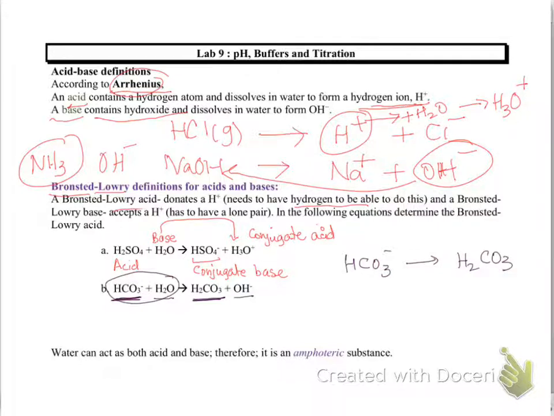From left to right, you can go by adding H plus, because look, one H plus H makes it 2. Positive and negative cancel out, and we will have this. That means this substance is accepting the proton. Because we are adding the proton to it, it is going to be base. And base, after accepting the proton, forms the conjugate acid.